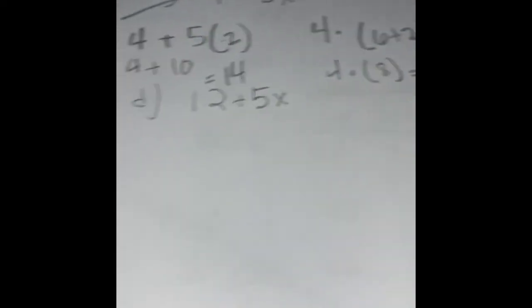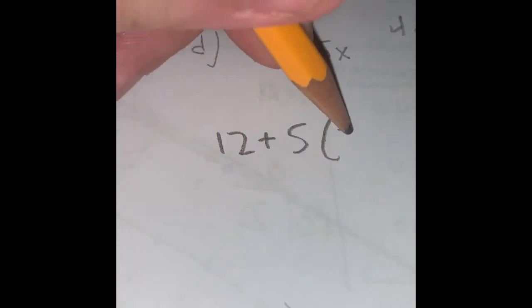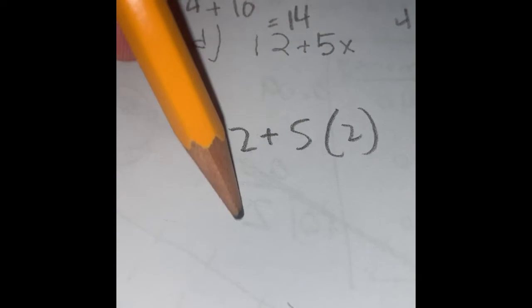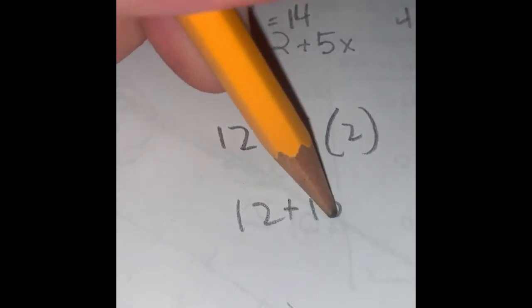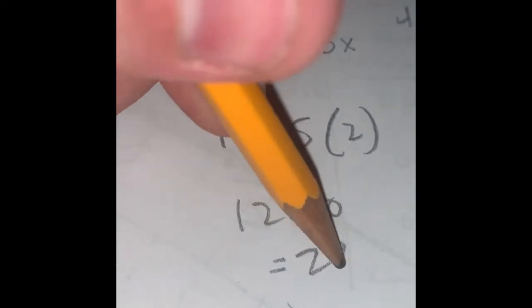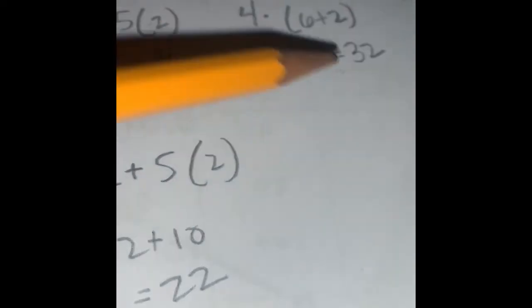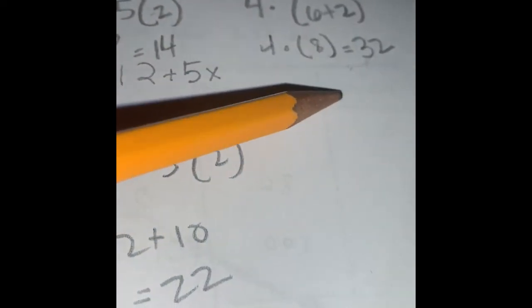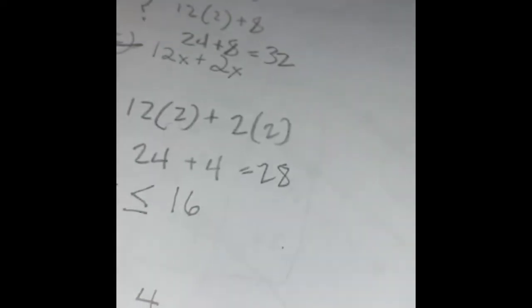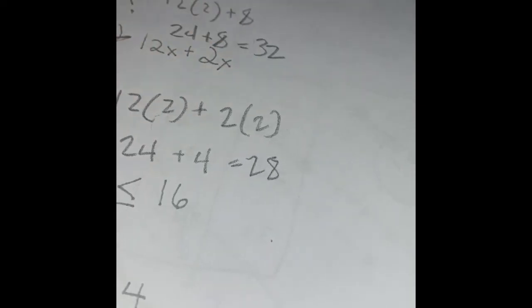And then I'm going to try answer choice D. 12 plus 5 times 2. So 12 plus 10, and that will give me 22, which is not the original 32 I needed. So I know that this first answer choice came out to 32, which is what I needed, so I'm going to circle it.